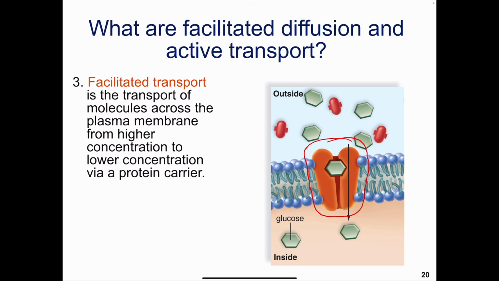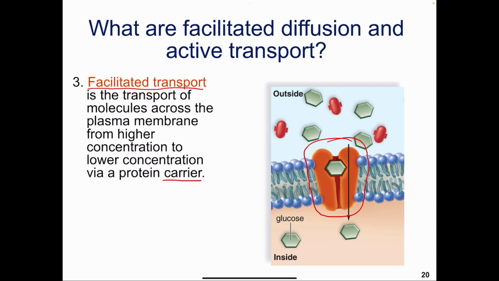Now, facilitated transport is a type of transport system that does not require use of energy, but it does require the presence of a transporter or a carrier. All right? It requires the presence of a transporter or a carrier.